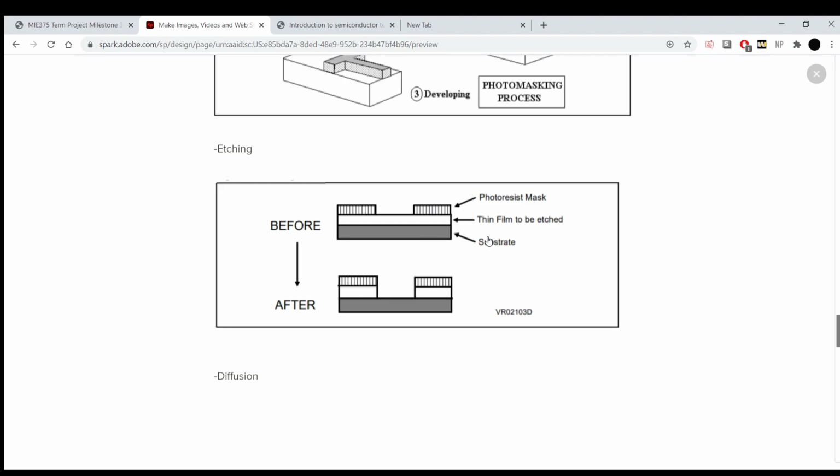Etching basically is used to remove this thin film from our product and expose the substrate underneath it. How do we do this? Well, we use either a liquid soluble or a gaseous compound, and we remove this thin film to be etched.